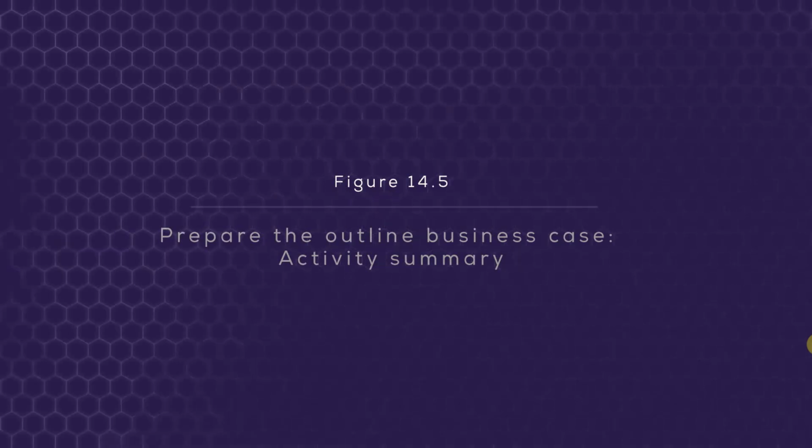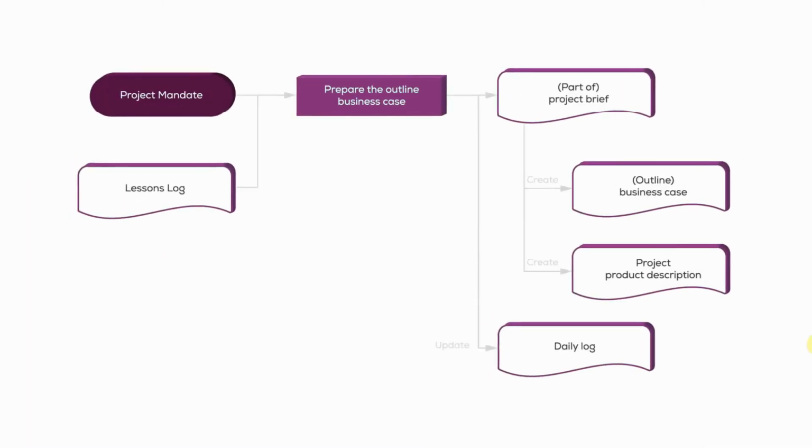The next activity is to prepare the outline business case. Having a look at figure 14.5 again, you'll see the mandate on the left together with the lessons log. Any lessons relevant to the business case will need to be considered. And if you look on the right-hand side, you'll see we're obviously going to create the outline business case. That's something the executive will do in consultation with the senior user if they are appointed at that time.